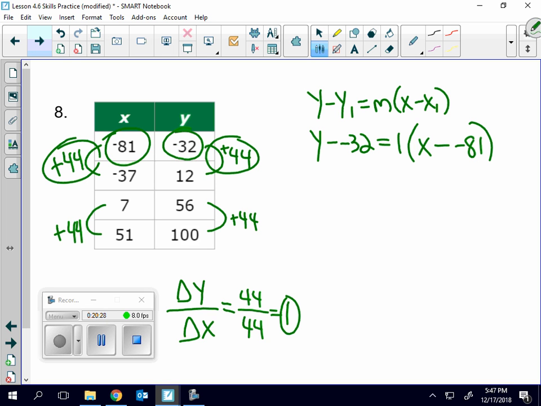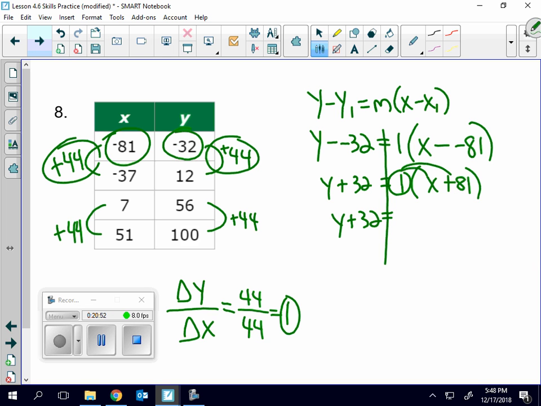Let's go ahead and fix our double negatives here. This becomes y plus 32, and the 1 doesn't matter on the outside. This is going to be x plus 81. When I distribute, you guys know that doesn't change anything. Anything times 1 is itself. So this just says y plus 32 equals x plus 81.